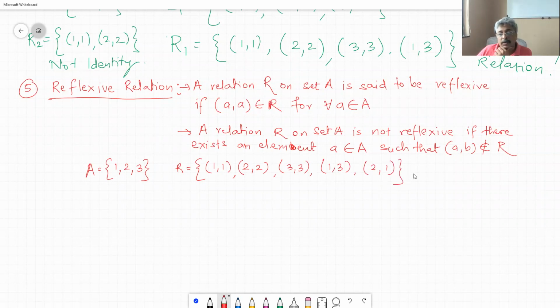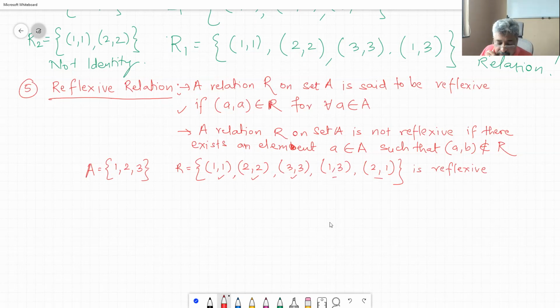Is this reflexive? Yes, it is reflexive because it satisfies the definition. Does it contain (a, a) for every a? Yes, it is there, it is there, it is there. What else is there does not matter. But it is not an identity relation, because in an identity relation you will not allow these two ordered pairs.